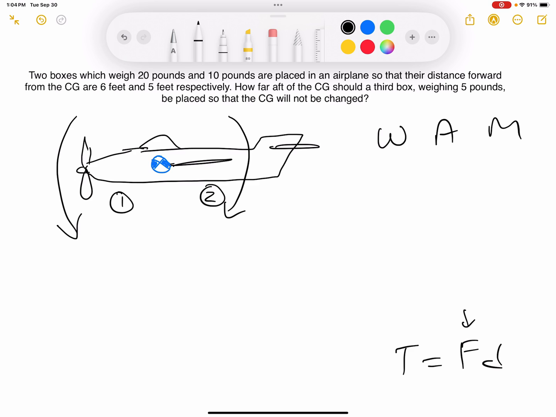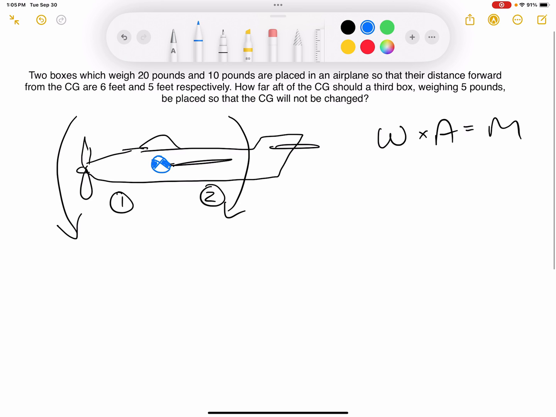We know that force is in pounds. So there's our weight times our arm, like a lever arm, or distance, equals our moment. Instead of using the word torque, we use the word moment because we're doing a static calculation here.